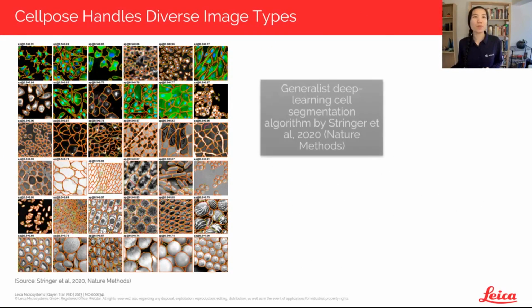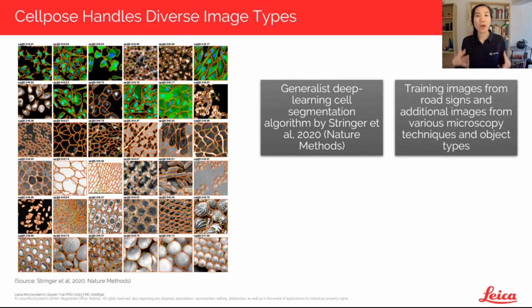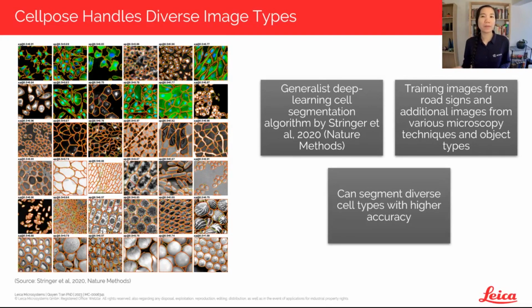Now, for those who don't know cell pose, here's a quick summary. Cell pose is a generalist deep learning cell segmentation algorithm that was developed by Stringer et al. in 2020. In this work, they utilized a variety of images capturing different cell morphologies, microscopy techniques, and a host of other things to generate an algorithm that can segment a diverse range of cells with high accuracy.